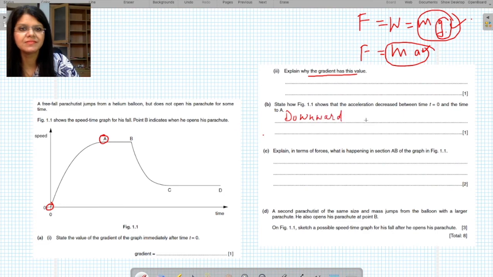A downward going curve for which the gradient is decreasing.